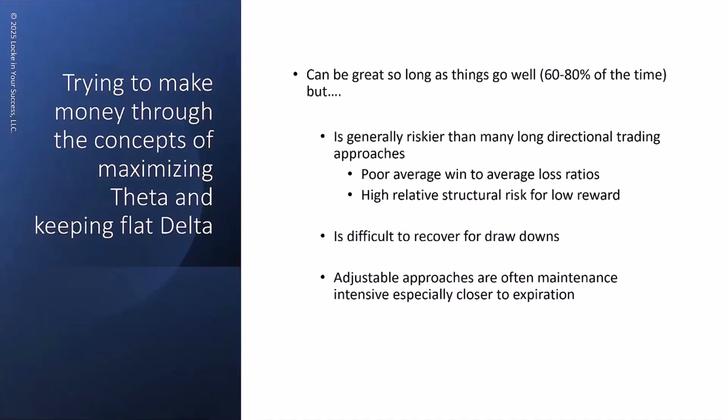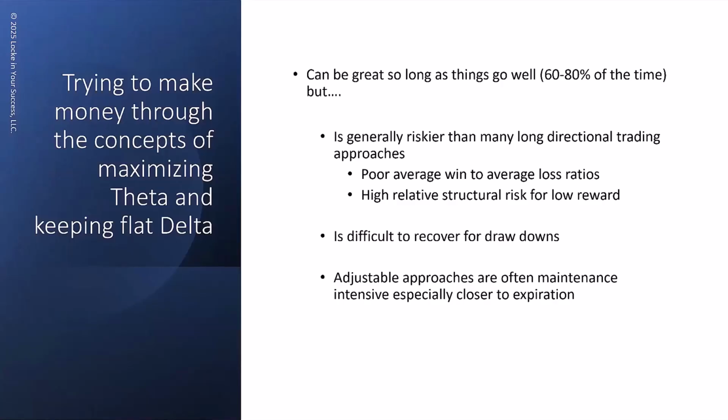Let's say I get a big drawdown, I flatten my delta out. Now it's going to take me a long time to recover, and things have to go a certain way in order for me to recover back to neutral from that position. So it happens a lot of the time, but it's a pain, it's a slow process, and so forth, right?